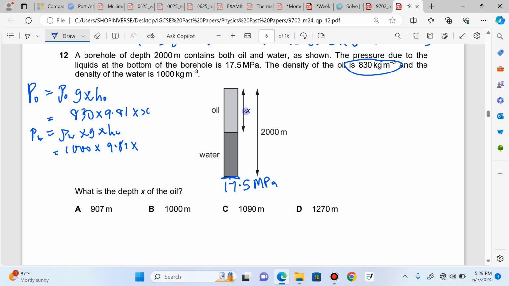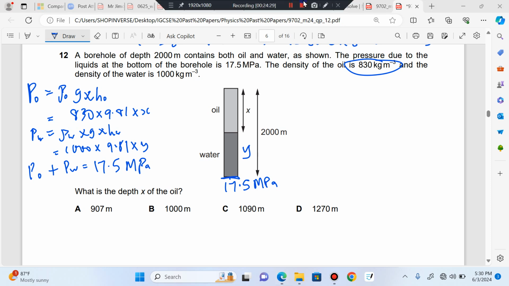Since it's not given to us, let me just represent it with the alphabet Y, multiplied by Y. So this will give us another equation. Now we have these two expressions. So pressure due to oil plus pressure due to the water must give us this value, which is 17.5 megapascal. So that's the smartest thing for us to do.